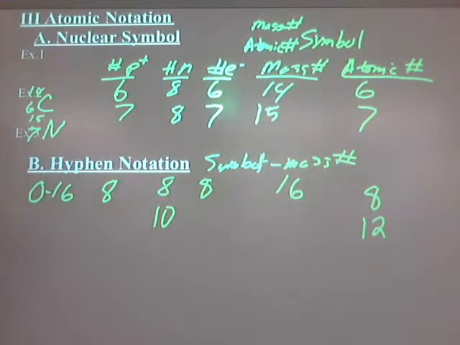See if you can. I'll let you go. If you get this one right, I think most of you will, we'll just stop here and I'll give you the worksheets to try it. Again, you're going to need to use the periodic table. You don't have enough information without it, at least to get the symbol.